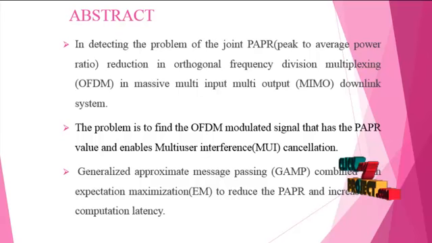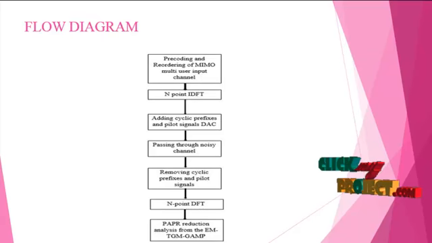We are going to develop a PAPR reduction model that uses multi-user interference cancellation in the OFDM modulated signal. By using the expectation maximization algorithm along with the generalized approximate message passing technique, we are going to reduce the computation latency by decreasing the PAPR value.